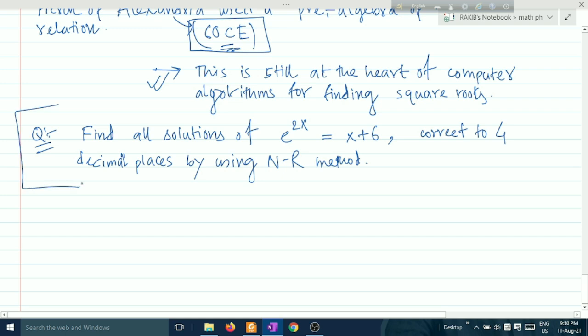This is homework to you. So the Newton-Raphson method is over.